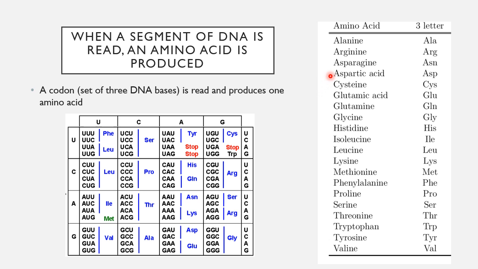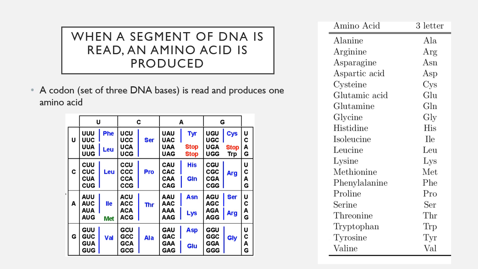Now there are 20 different amino acids that can be produced from this code. Some series of 3 bases code for amino acids, and some 3-letter codes are stop codons, which tell your body to stop reading the DNA code.